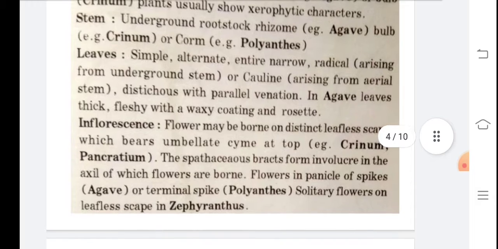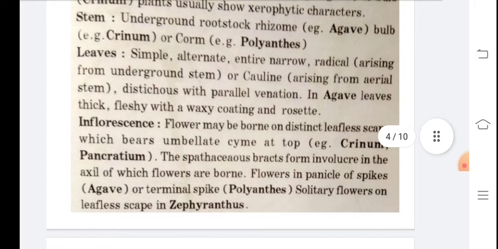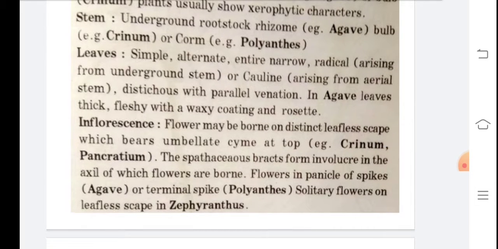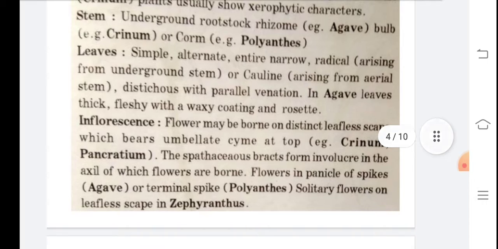Leaves are simple, alternate, entire, narrow, and radical. Radical means arising from the underground stem, then cauline means arising from the aerial stem, and distichous with parallel venation. In agave, leaves are thick, fleshy with waxy coating and rosette. We know about agave, that is gaipath.